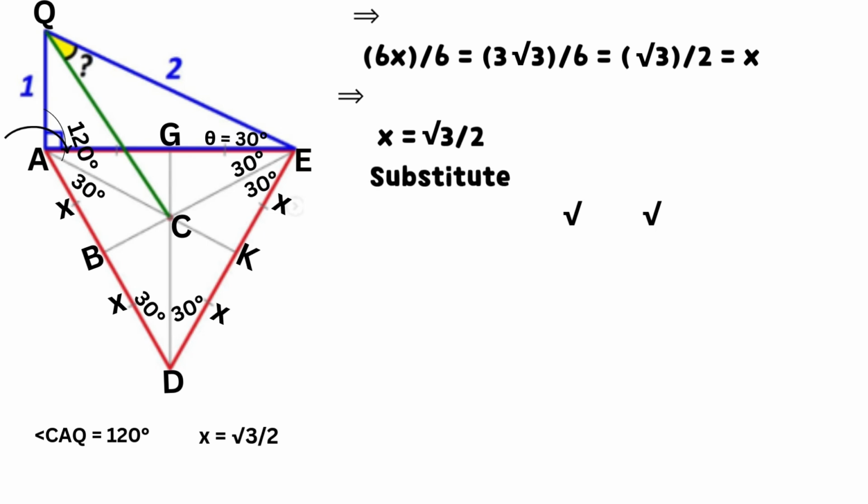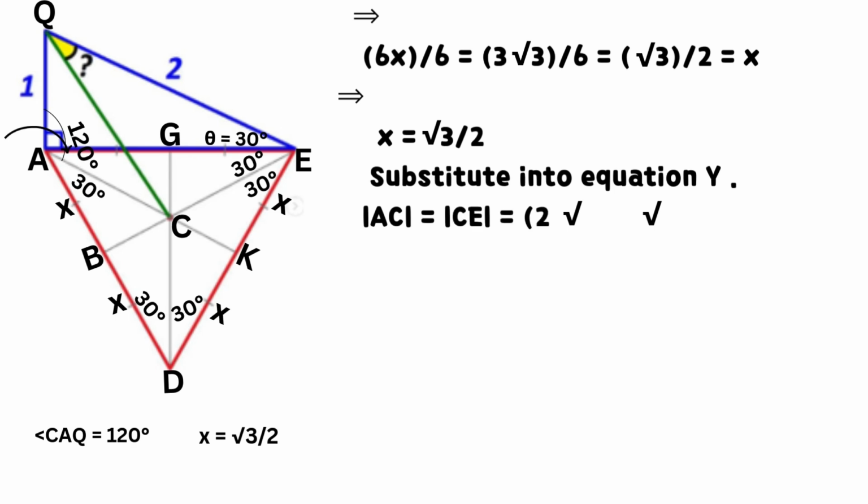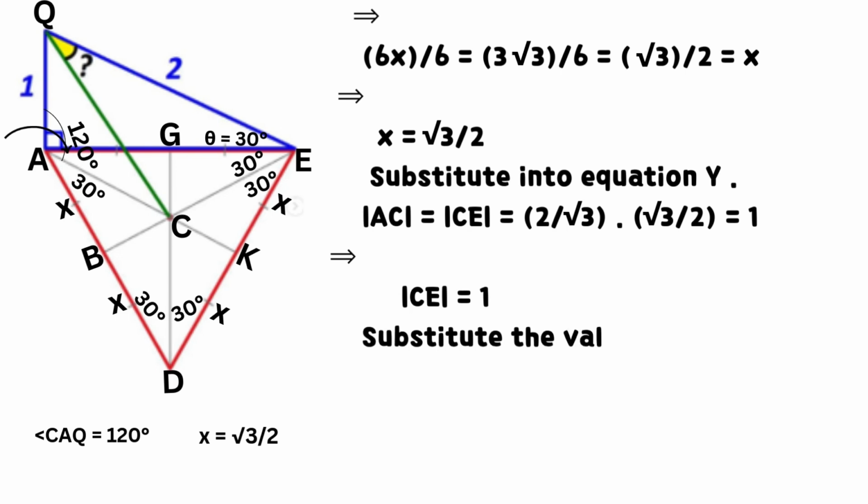Six times x divided by 6 equals half of the square root of 3, which equals x. It implies that x equals half of the square root of 3.